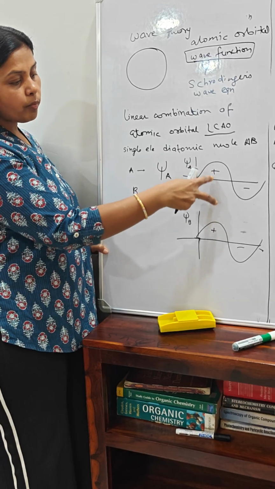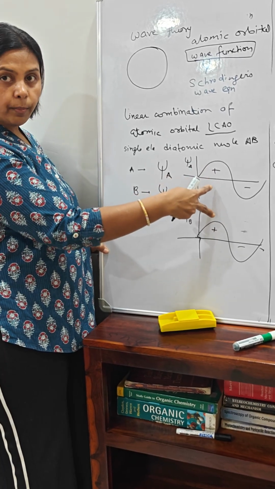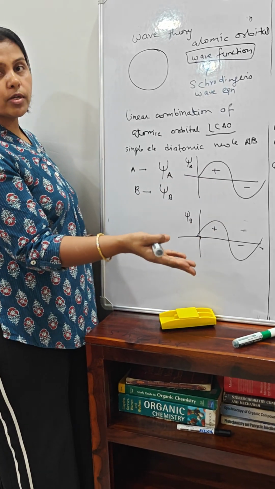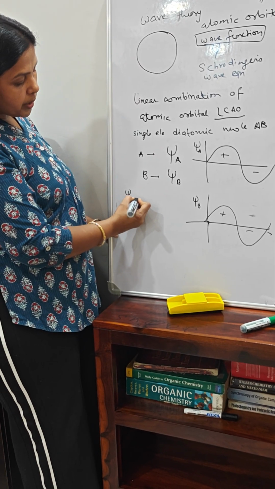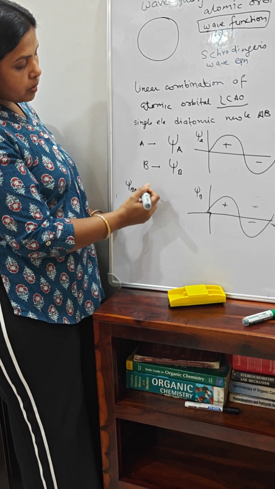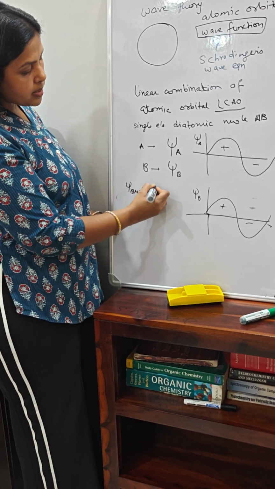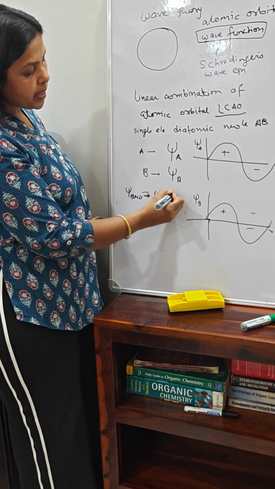Two orbitals are formed, one with in-phase overlap and one with out-of-phase overlap. The bonding molecular orbital will be psi A plus psi B.